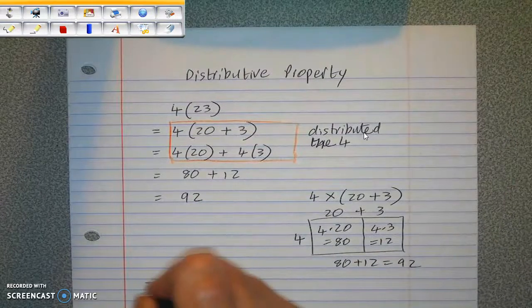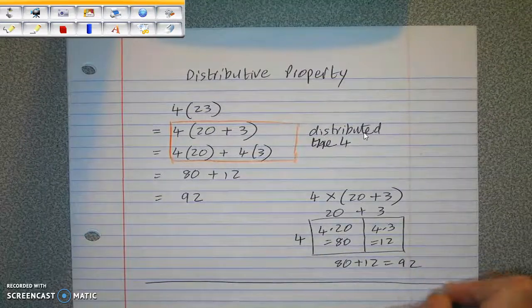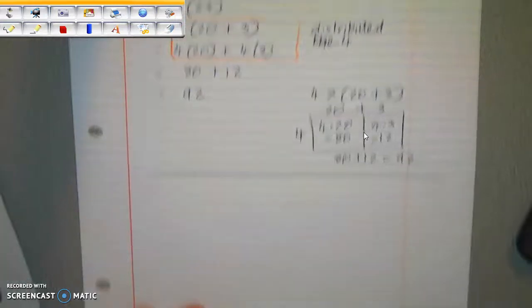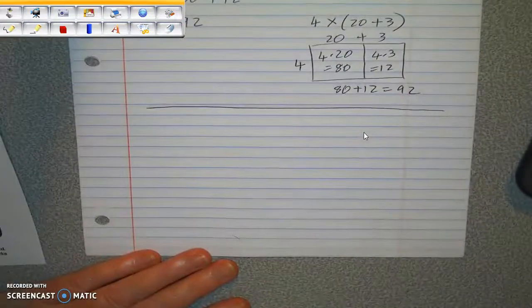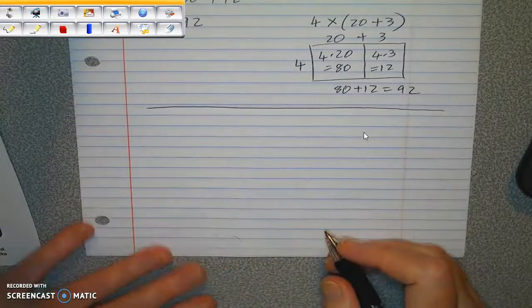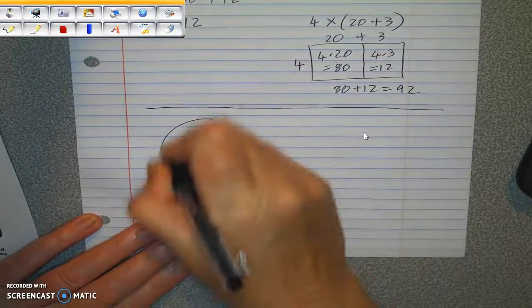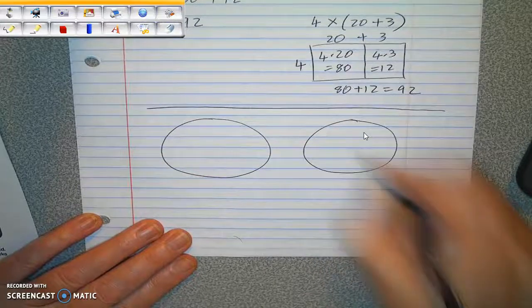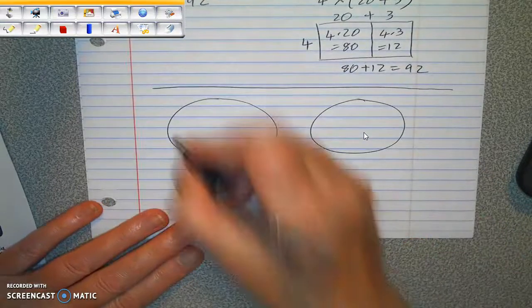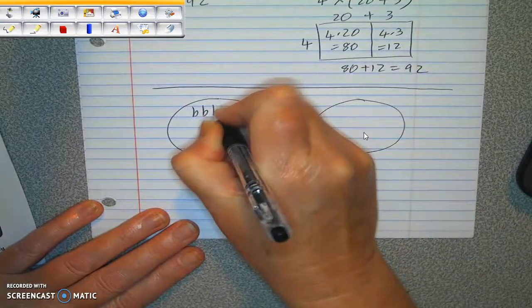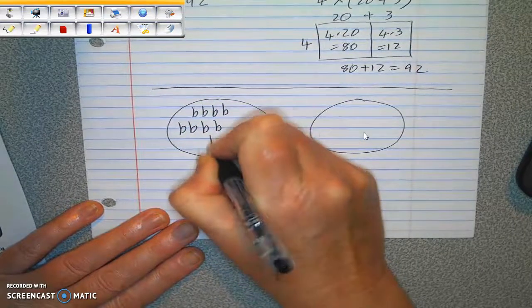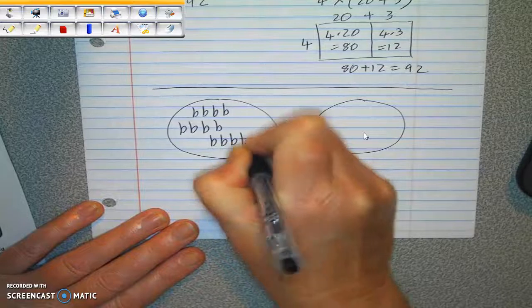We did some work on the distributive property in class back in probably the end of January or the beginning of February. And we did it kind of like this. We used, if you remember, the little colored cubes I have. Imagine that I gave you some black cubes. I'm using a B for black cubes, and here I'm drawing 12 Bs.